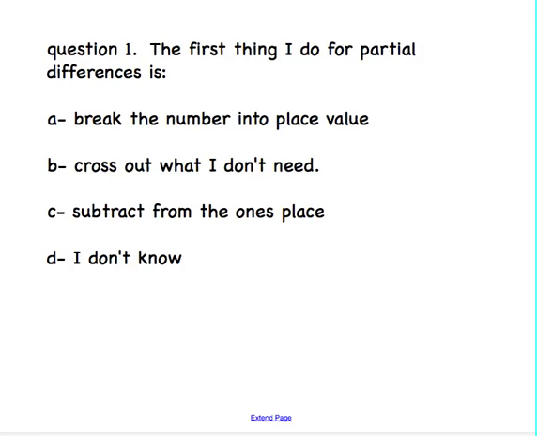Question 1. The first thing I do for partial differences is A, break the number into place value. B, cross out what I don't need. C, subtract from the ones place, or D, I don't know. Question 2.